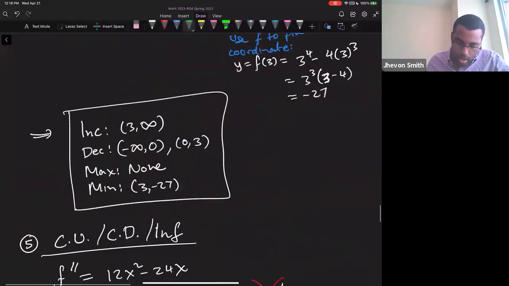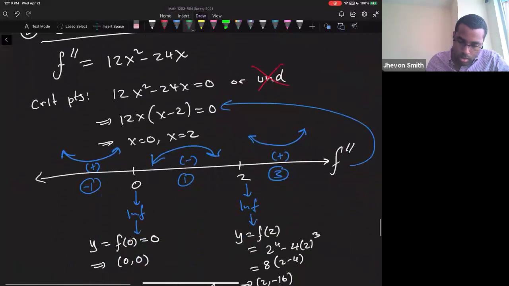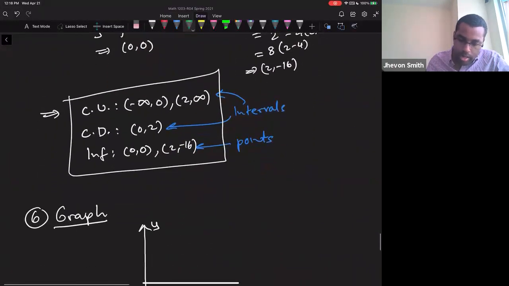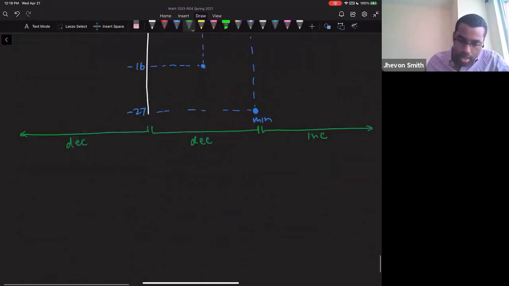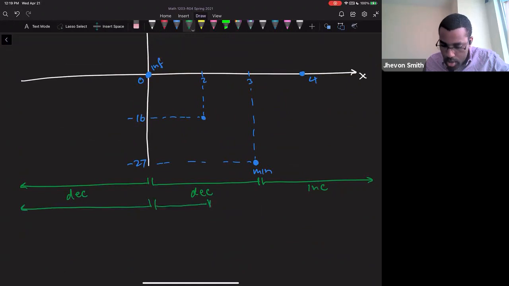What else do we need to put in? Inflection points, the concavities. 0, between 0 and 2, and then 2 to infinity. So there's one that goes from 0 back, between 0 and 2, and then from 2 to infinity.